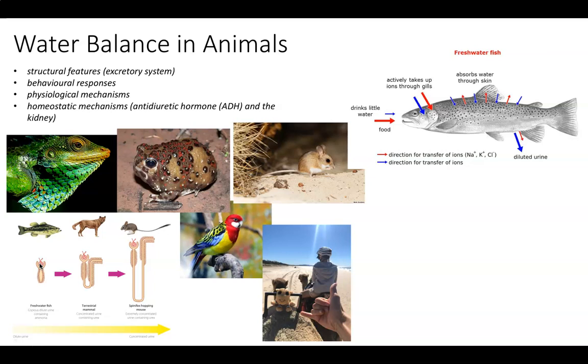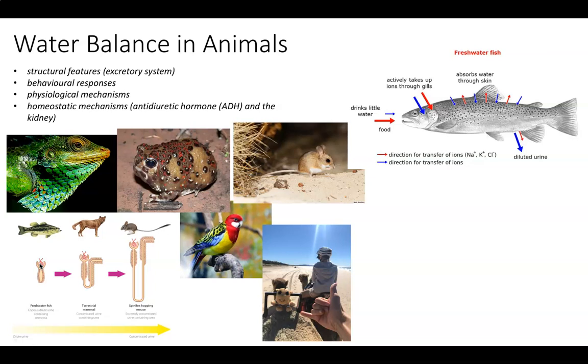It flows from where there is a low solute concentration to where there's a high solute concentration. So water will flow into the fish. They don't have to drink much water at all, as water just naturally will flow in through their gills, and it is absorbed through their skin. There is a lot of water coming in, and so therefore there is a lot of water coming out.